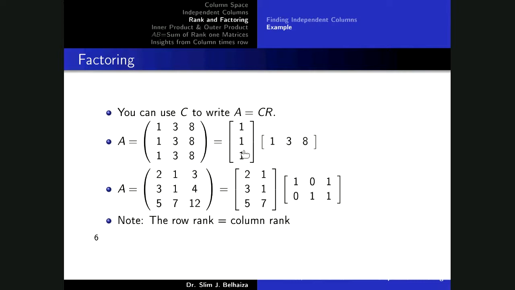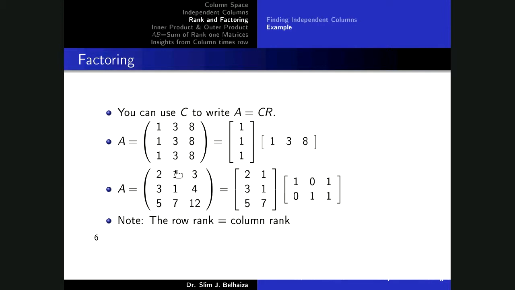So for this case, for example, I'm taking the matrix A, where column 1 is all ones, column 2 is just 3 times column 1, and column 3 is 8 times column 1. Since we can only have one independent column here, we've taken it, and we can form this kind of factorization where [1, 1] multiplied by [1, 3, 8] can generate back our whole matrix. Got it?